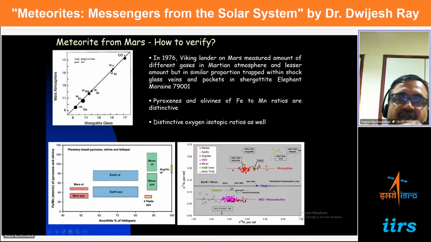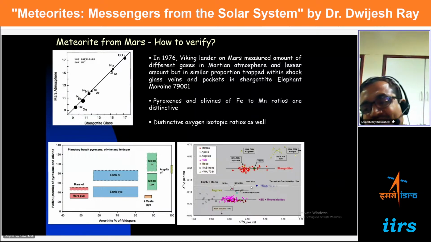But one of the confirmatory tools is oxygen isotopes, because oxygen isotopes are also very distinct for different celestial objects. For Earth it is different, but Earth and Moon oxygen isotopes are very similar. That's why the hypothesis still holds that the Moon was formed from the collision of the Earth with a Mars-sized impactor.